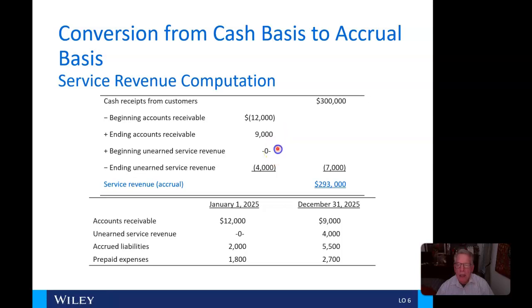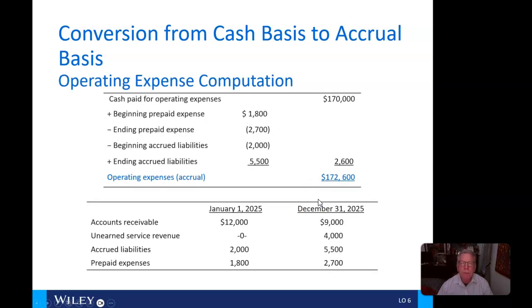And our beginning unearned service revenue of 0, but we had unearned service revenue of 4,000, and we're going to subtract that out to get to our accrued service revenue of 293,000. That's proper accrual accounting. Okay, everybody good with that? We'll move on.